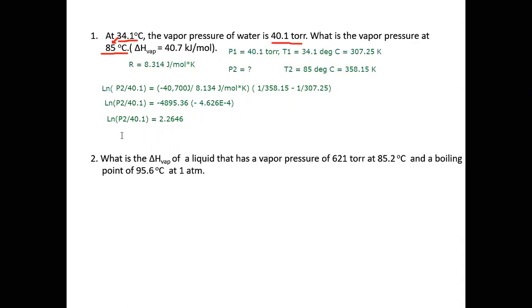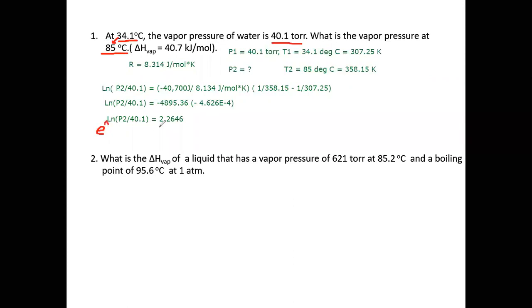So now we have ln of P2 divided by 40.1 equals 2.2646. We need to get rid of the ln, so we're going to raise each side to the power of e, and this is the small e, the exponential, not the capital E on your calculator.